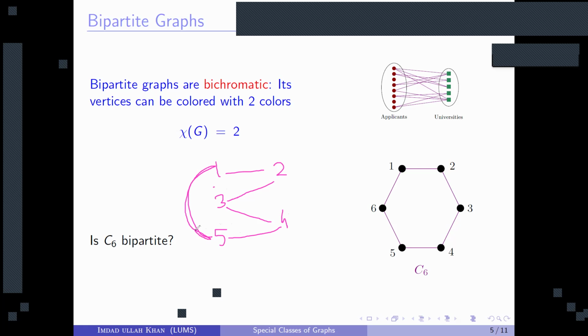Or the suggestion which you gave at the start was that if I start coloring them in alternate colors, I make every alternate vertex pink, and I use some other color to color the remaining vertices, like I make all of them blue. So its chromatic number is 2 because all vertices got colored using 2 colors, where no 2 adjacent have the same color. So this is another reason, but I can't do this thing for C5.